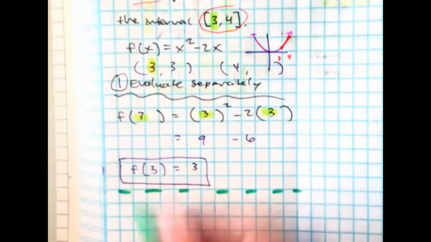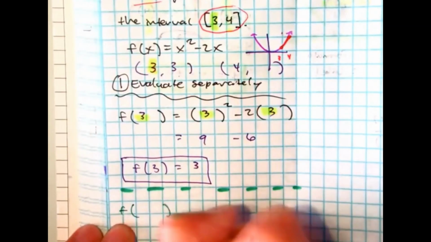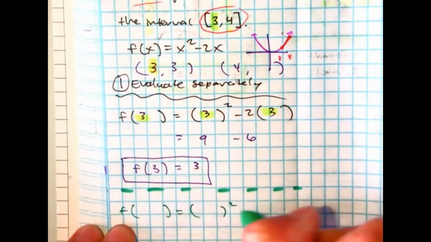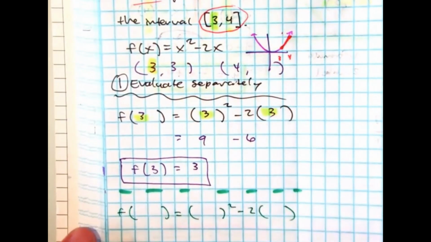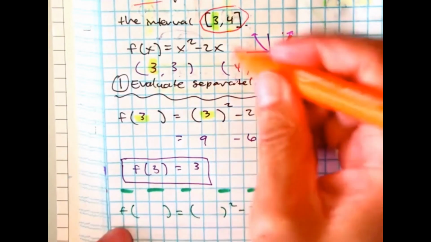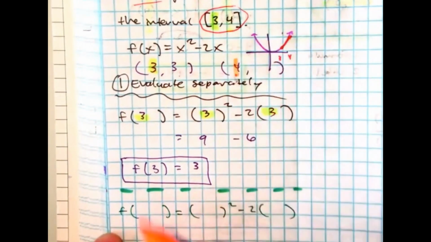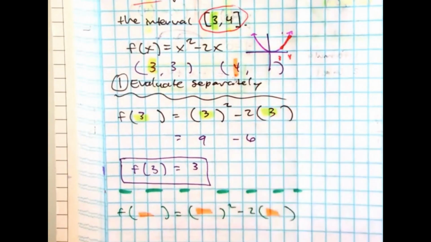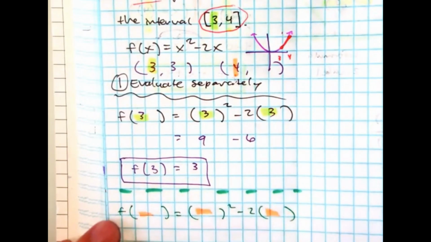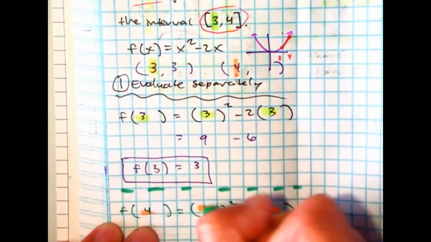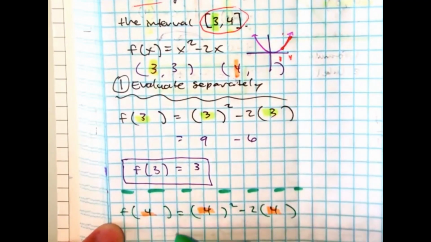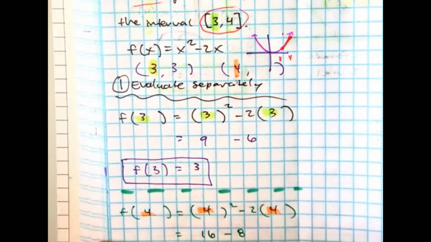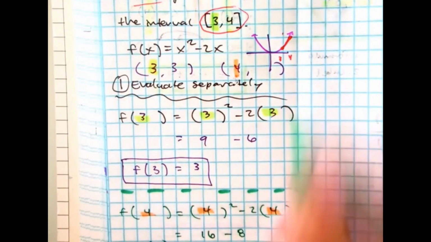Same thing, I'm going to do f of into our function. Let's use orange. Now I have a 4. You can always use your calculator to verify. 4 squared is, negative 2 times 4 is, 16 minus 8 is, so f of 4 equals 8.